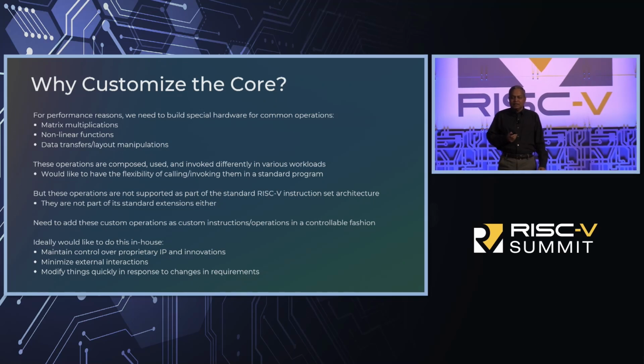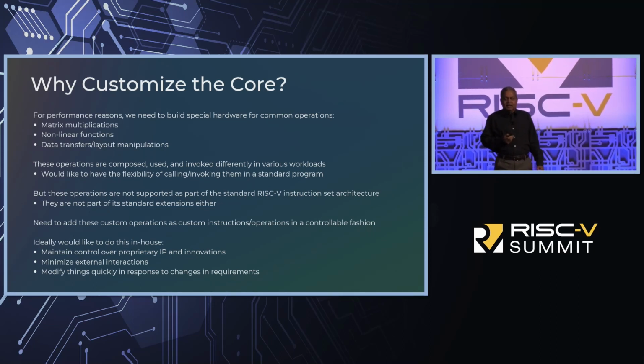If you look at what was not available at the time we started, these operations are not supported as part of the standard RISC-V instruction set architecture, and we had to develop these as part of the core. Ideally, we would like to do all of this in-house, because these are very specific to our workload needs.